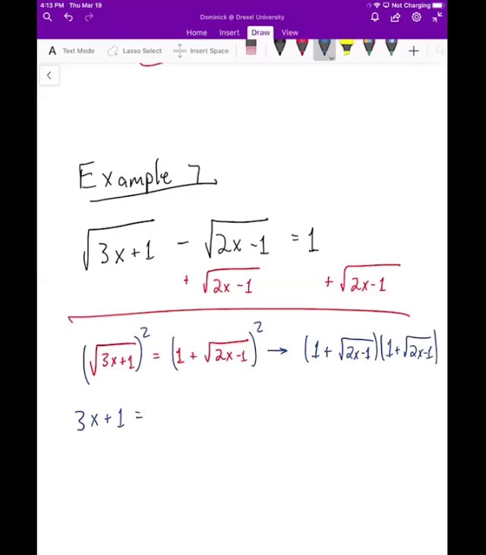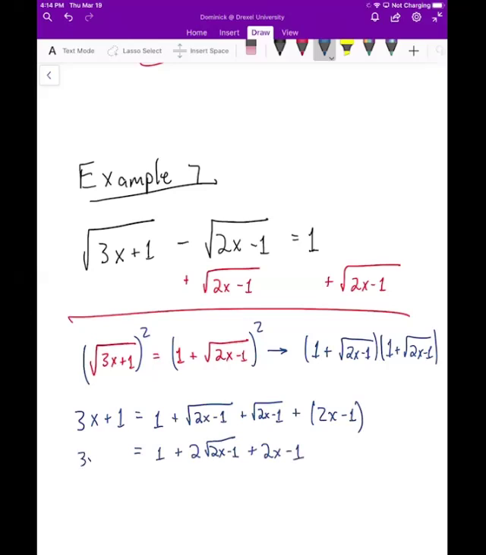So now if we FOIL that, we'll get a 1. So 1 times 1 is 1, plus a square root of 2x minus 1, plus another square root of 2x minus 1. And then we get plus square root of 2x minus 1 squared, or just a 2x minus 1. So then on the right side, we can write this as 1 plus 2 square root of 2x minus 1 plus 2x minus 1.